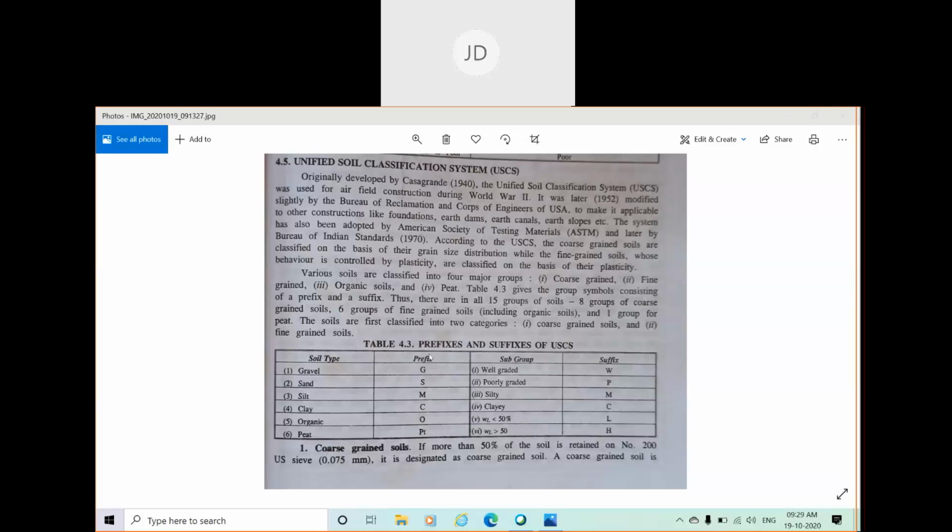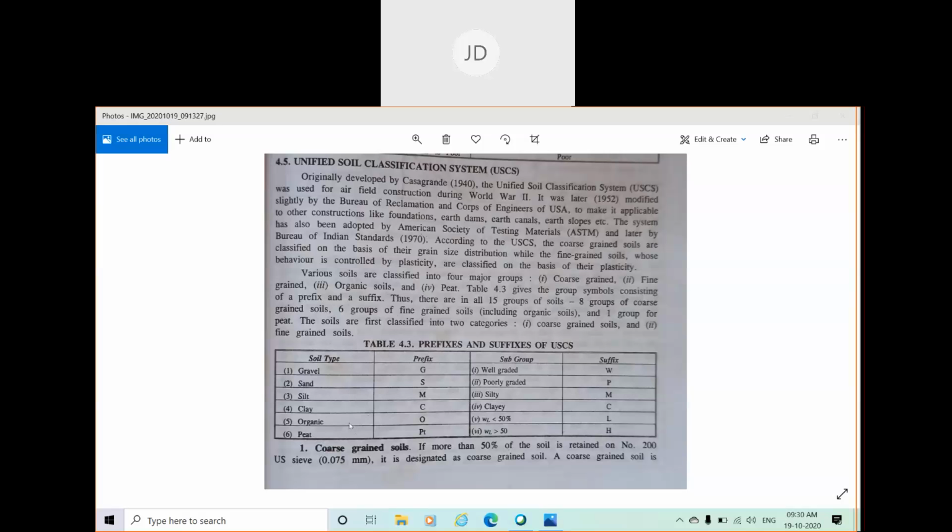I think this was already discussed with you, but still I want to discuss it here. Some prefixes are fixed for particular types of soil. You already know gravel, sand, silt, clay, organic soil, peat. Peat is a highly organic soil; in peat, the organic matter is more than 50%.